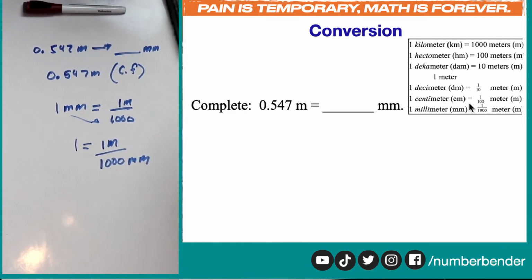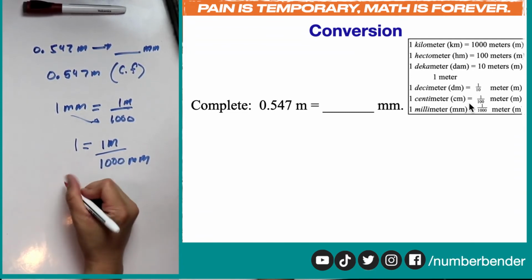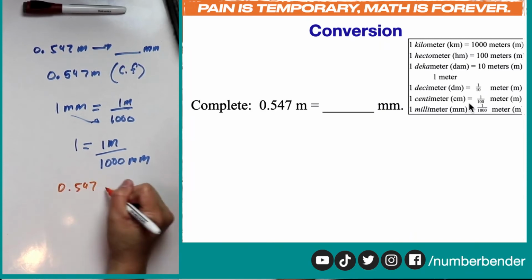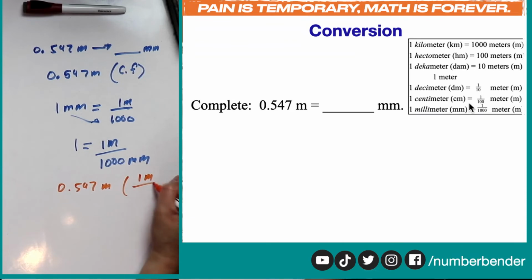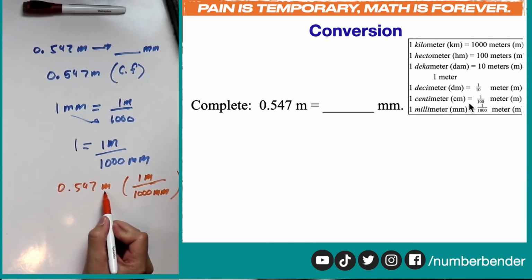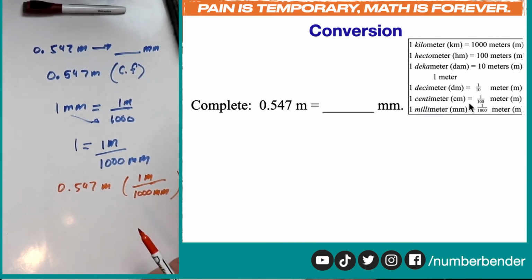From here, we're going to incorporate it to 0.547 meter multiplied by 1 m over 1,000 mm. If you'll notice, we cannot cancel m and mm because they're not of the same value. But if we reciprocate 1 m over 1,000 millimeters, we'll be able to do just that.